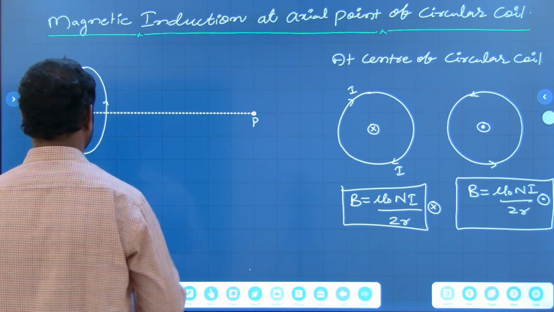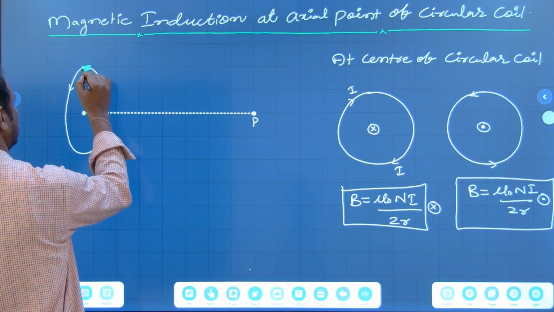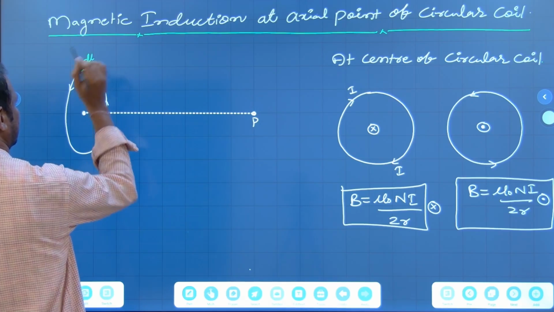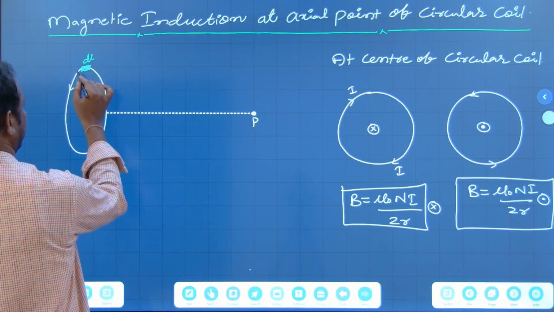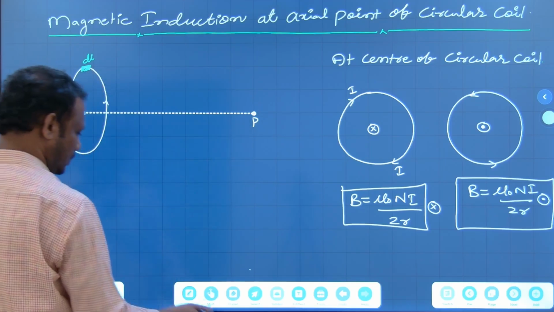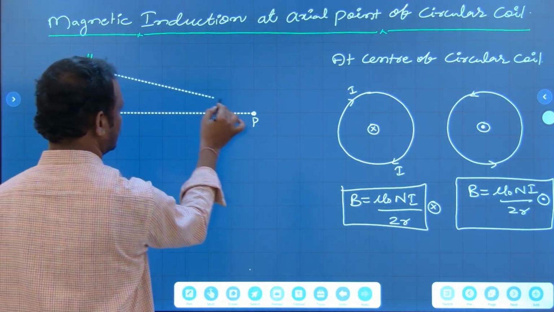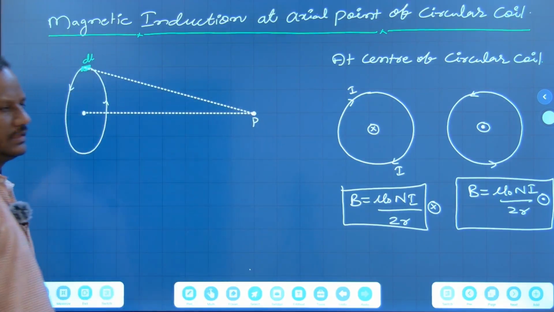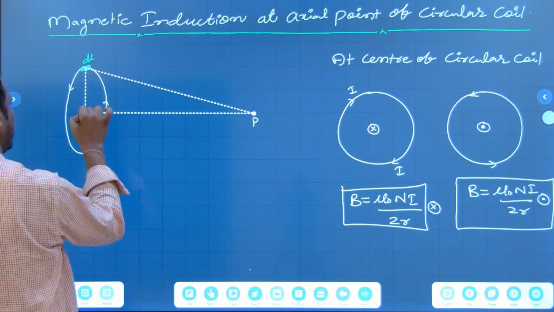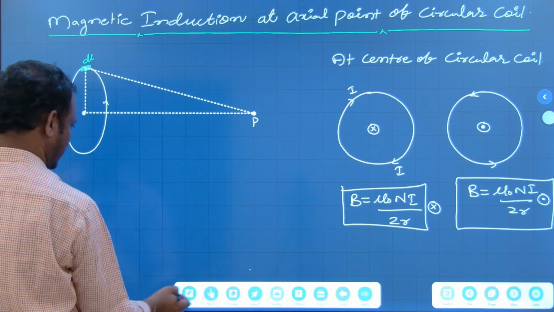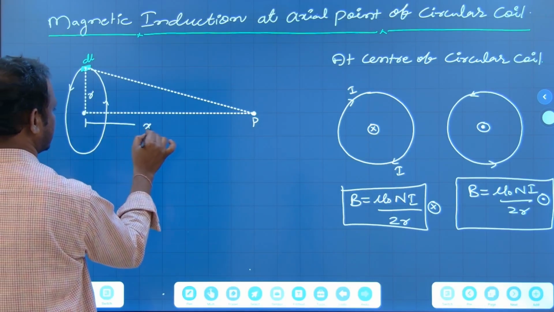So I choose a length element here. What is the direction of the length element? Like this. Now I take the line joined from here to the point. Here is the radius, r, and this distance is x.